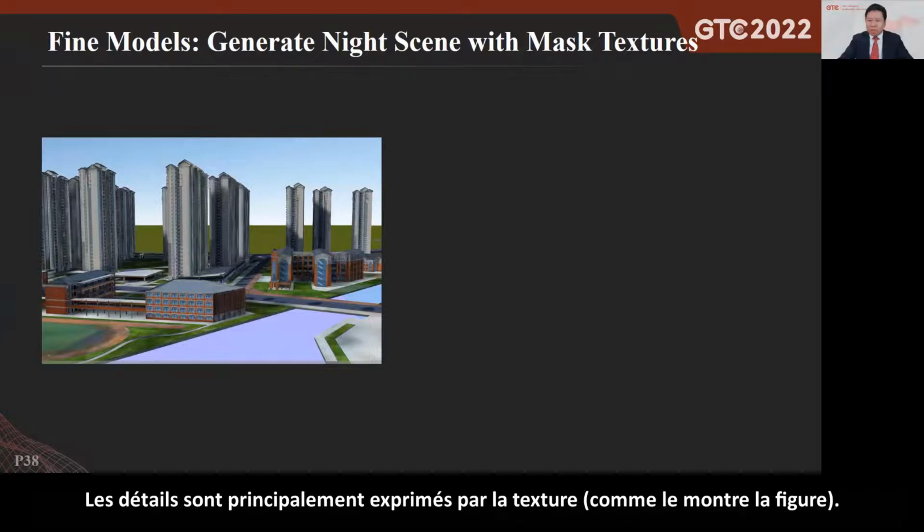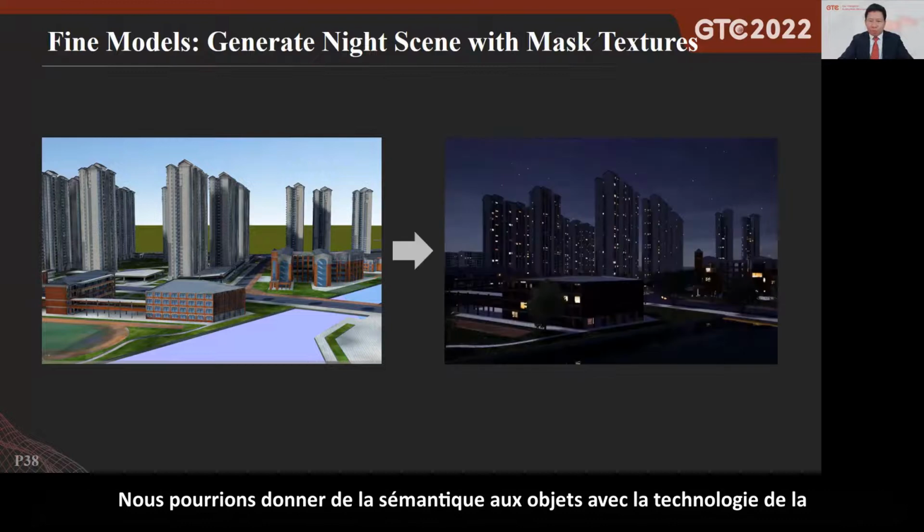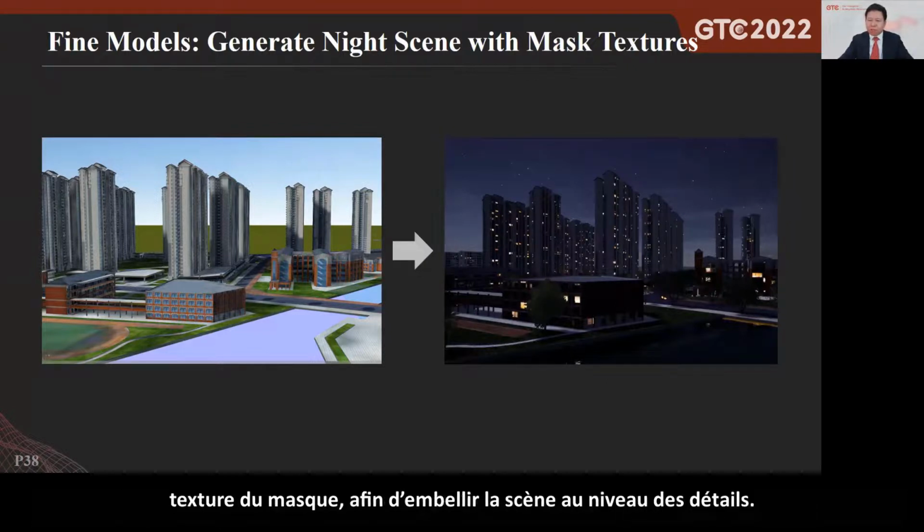The details are mainly expressed through texture. So what should we do to distinguish the windows, walls, and doors on the side of the building? We could give semantics to objects with the technology of mask texture, so as to beautify the scene at the detail level.